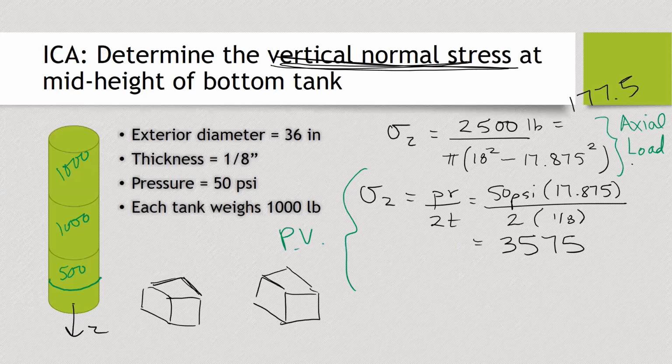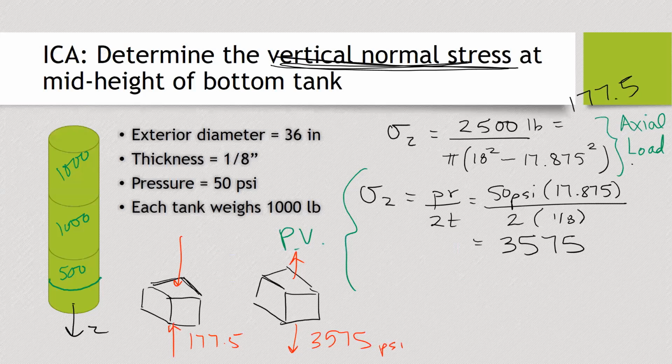Okay, so what we're saying is that due to the weight of the tanks, we're going to have a compressive stress. And that compressive stress is the 177.5. And due to the pressure of the tank, we're going to have a tensile stress, which is 3,575.